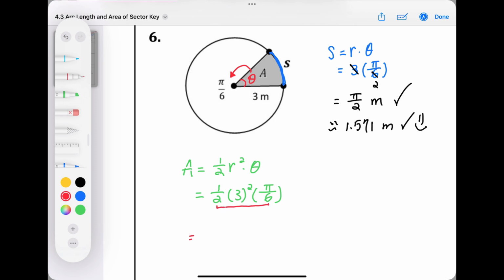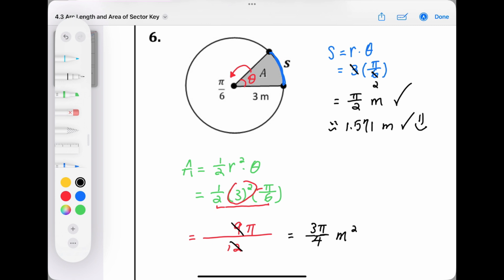So 2 is my bottom, 6 is my bottom. So 2 times 6 becomes 12. And what do we got on top? 3 squared, it's 9. 9 times pi. So I got 9 pi over 12. Can we consider simplify? Yes, everybody can divide by 3. So I got the final answer will be 3 pi over 4.